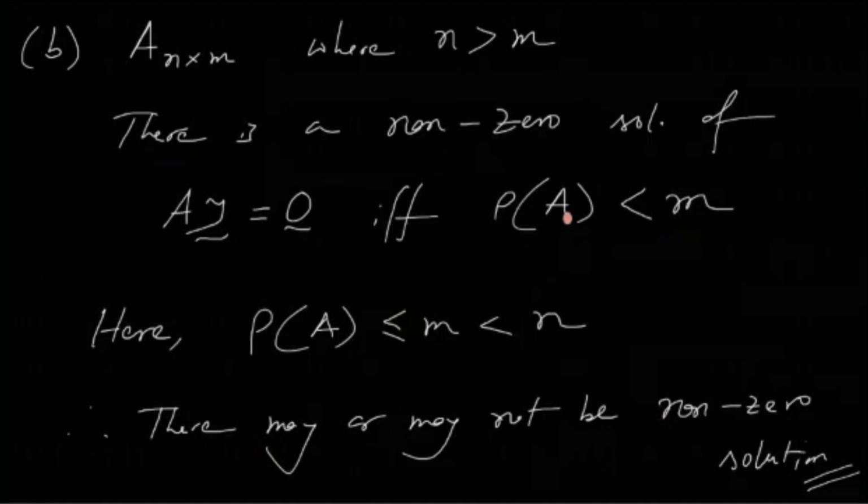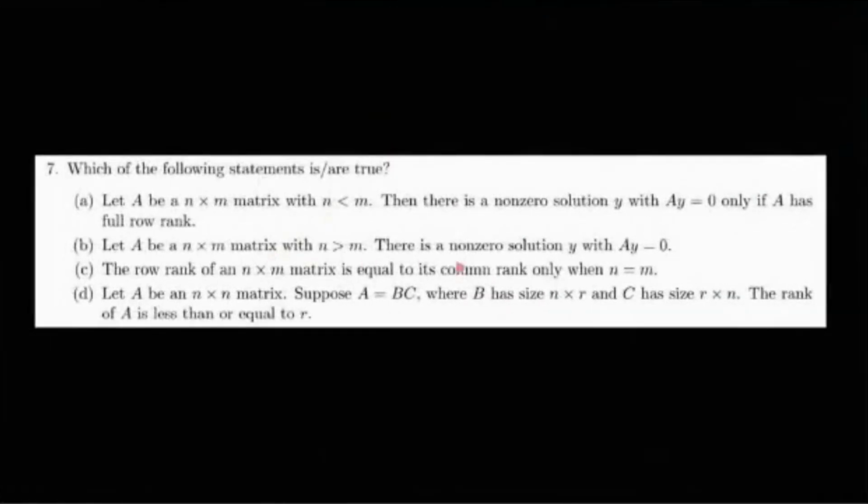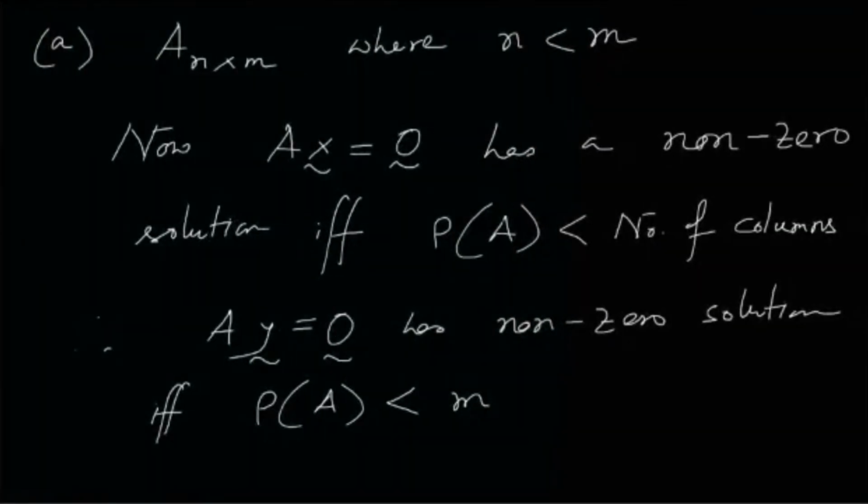Here it is given that there is a non-zero solution, which implies that the rank of A is strictly less than m, the number of columns.